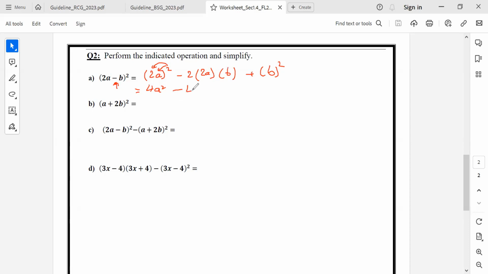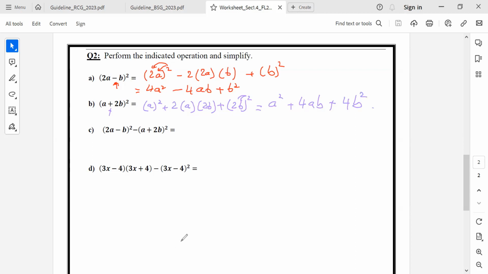Minus 2 times 2, 4ab, plus b squared. The second is the same, here we have plus. So the first squared, plus 2 times the first and the second term, plus the second term squared, which gives me a squared plus 2 times 2, 4ab, plus, here we distribute, 4b squared.